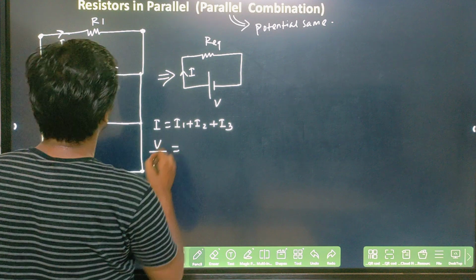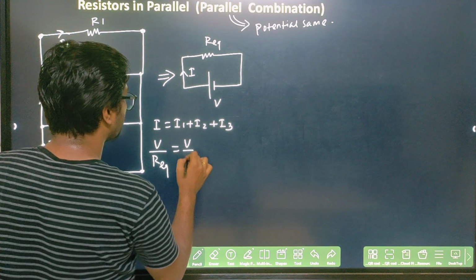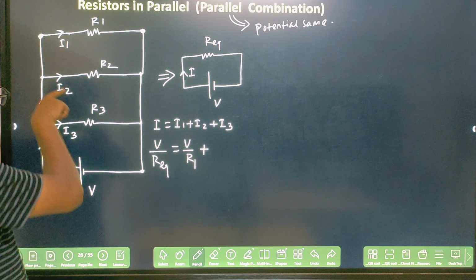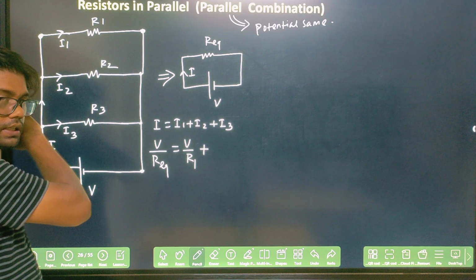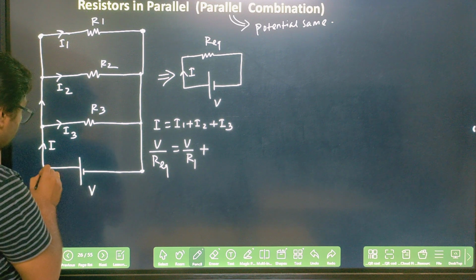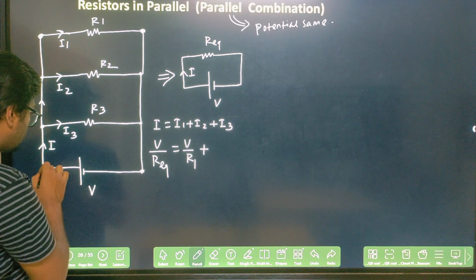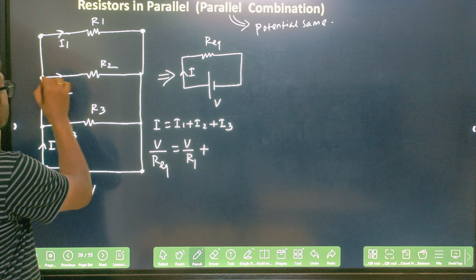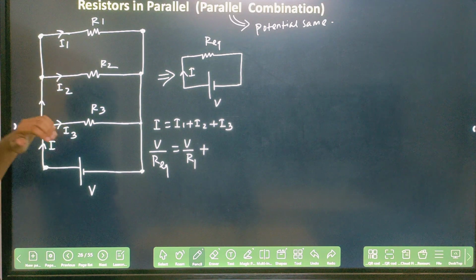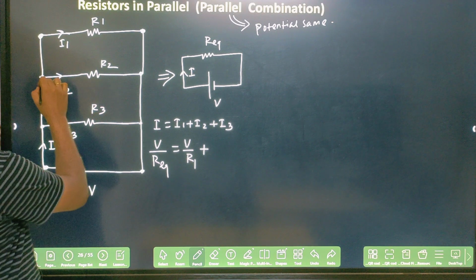So I1 can be written as V by R1. Again, I2 current is flowing along the R2 resistor. Here the potential difference is V. Here also the potential difference is V, because the potential is the same when connected in parallel.